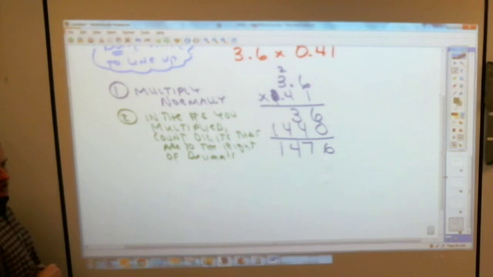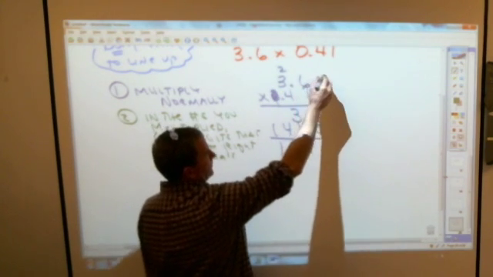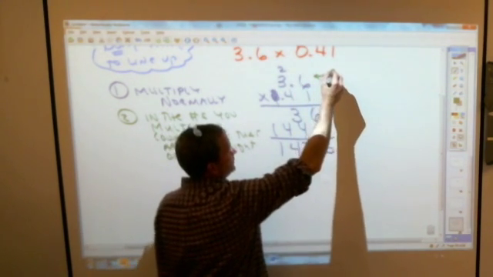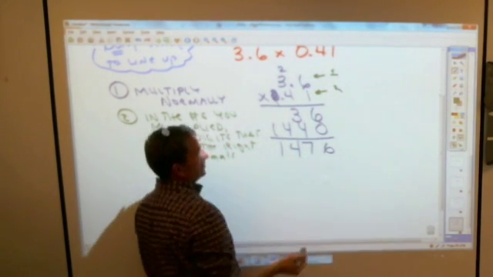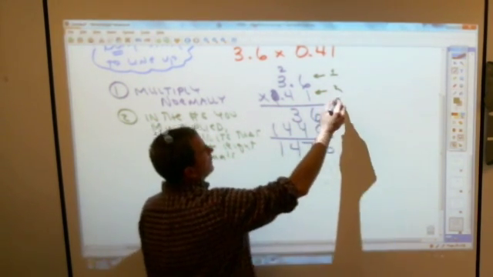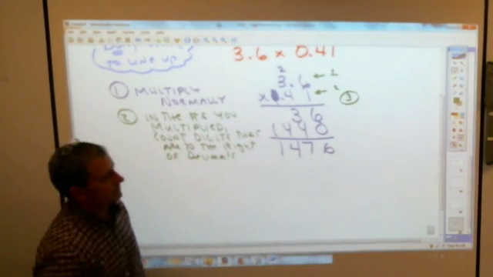In other words, children, the two numbers I multiplied together, this one has 1 digit to the right of the decimal, this one has 2 digits to the right of the decimal, for a grand total of 3 digits to the right of the decimal.